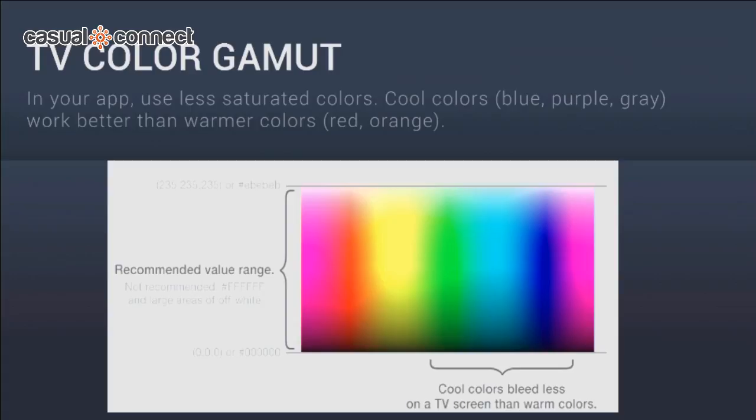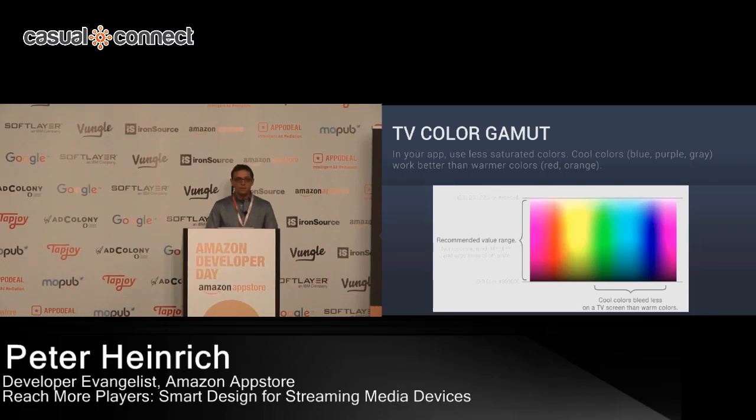TV screens typically have a much higher contrast, so colors will tend to appear brighter, more vibrant, just more highly saturated. So the color gamut of TVs is also coincidentally reduced, which is just another way of saying that TVs usually can't display as many colors as mobile devices.